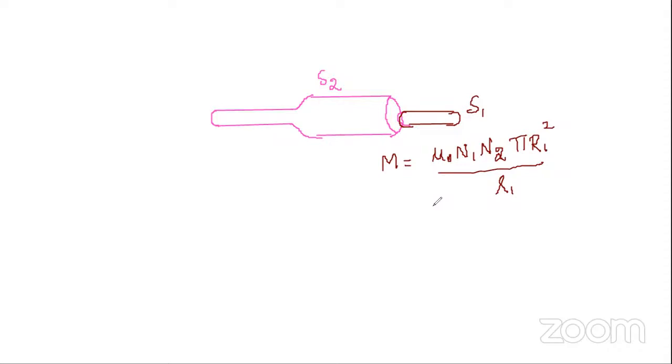This is the mutual inductance formula, and you can have different cases also. The mutual inductance can be for concentric and coplanar coils also, so that we can consider now.